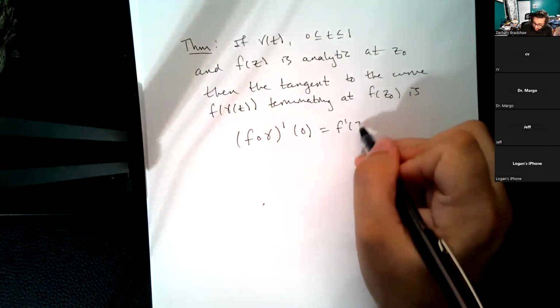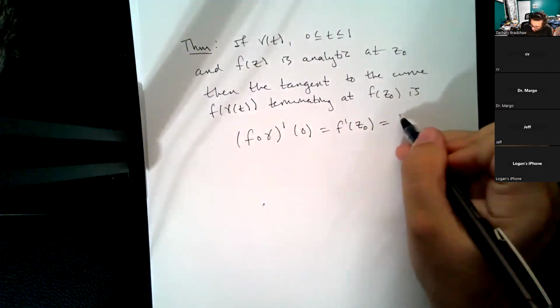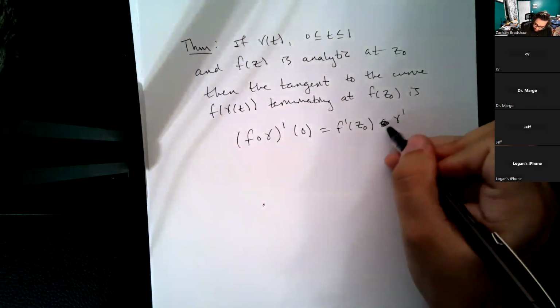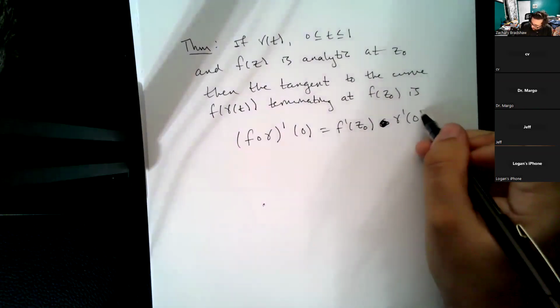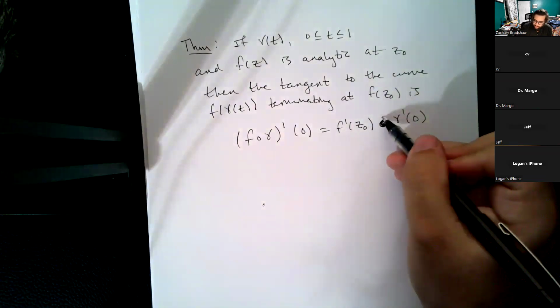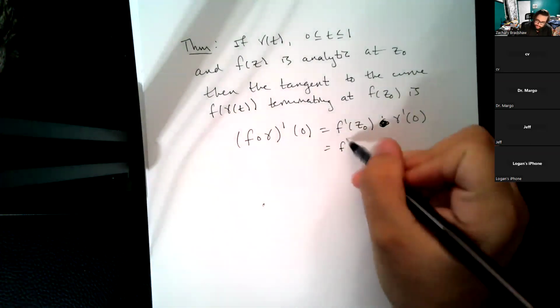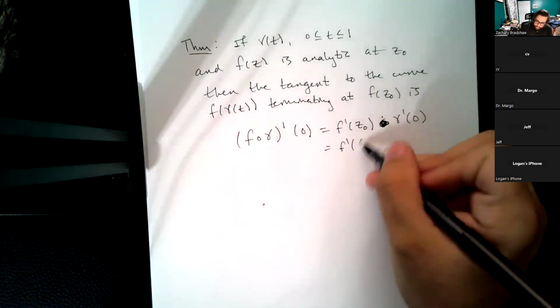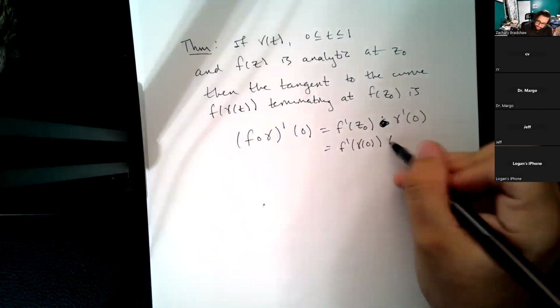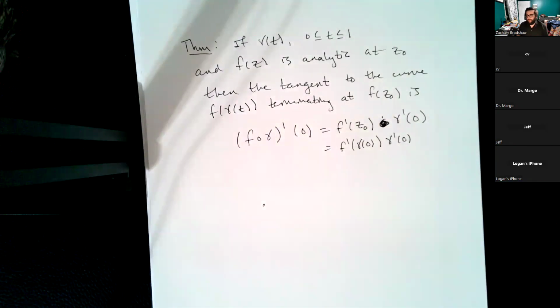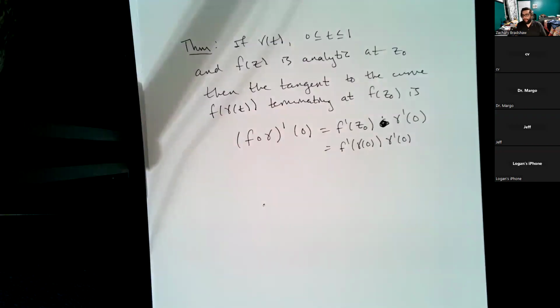In fact, I would even call it the chain rule. No equal sign, this is just multiplication. So you might even write this as f prime of gamma of 0 times gamma prime of 0, just to make it clear that this is really just the chain rule.